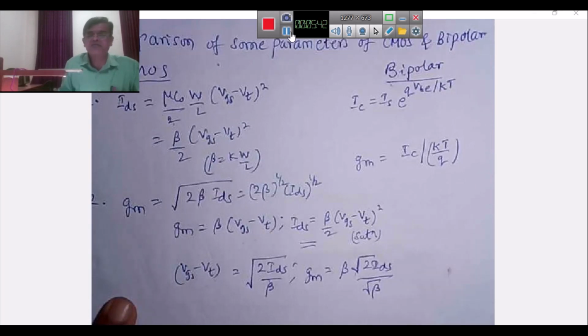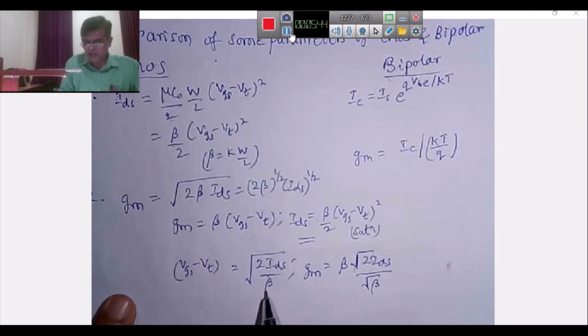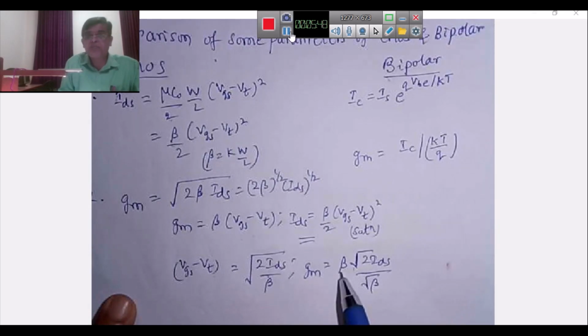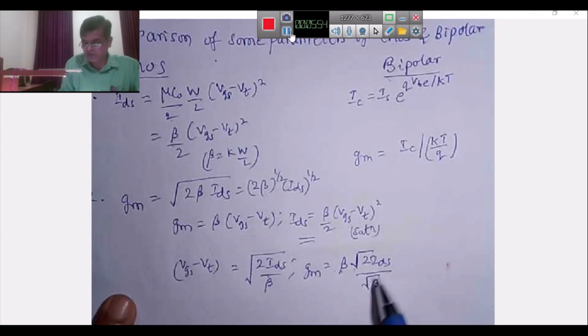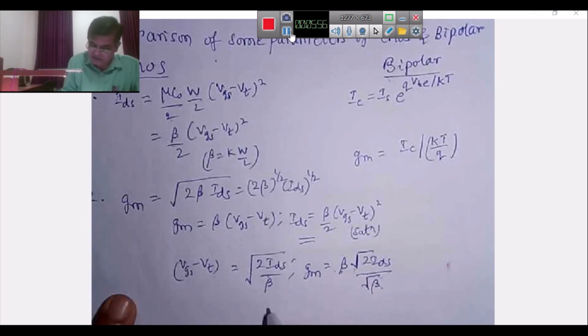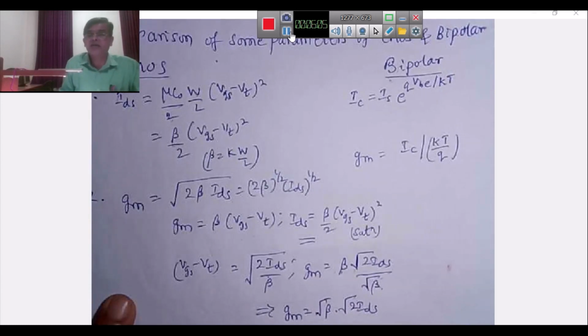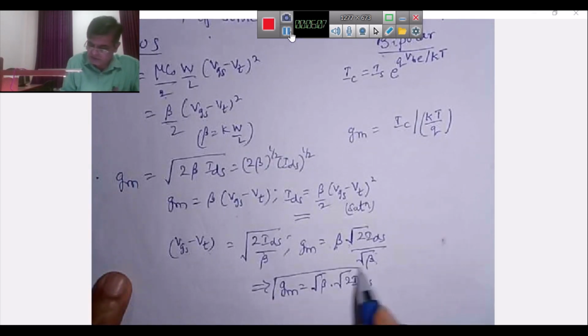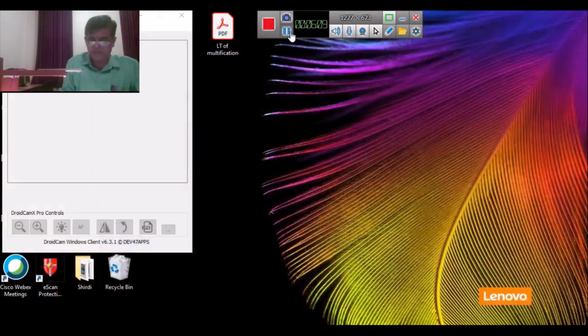Root 2 IDS by root beta, correct? Now beta by root beta is root beta, since beta is root beta into root beta. So it will cancel, and GM is equal to root of beta into root of 2 IDS, correct? You can see this equation and the earlier equation are the same.